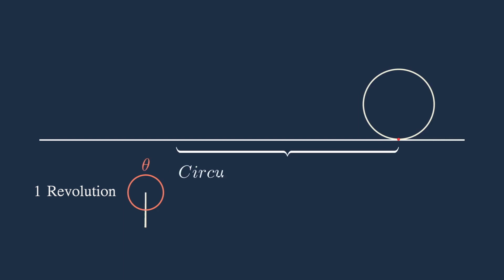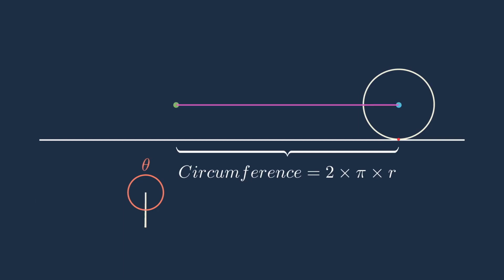And the distance the circle has traveled is equivalent to its own circumference, which is also the distance the center of the circle has traveled. It would be very helpful to think of it backwards. Whenever the center of the circle has traveled its own circumference, the circle will revolve exactly once.